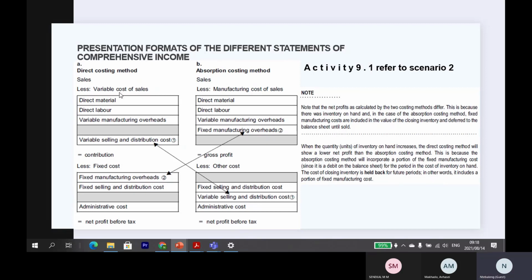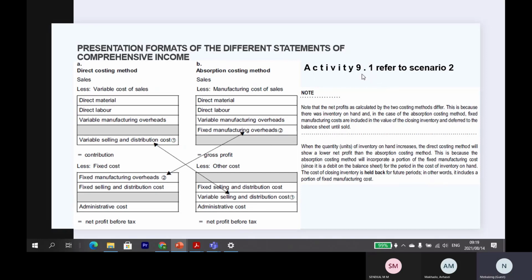Fixed manufacturing overheads under the direct costing method fall as part of fixed cost after your contribution, whereas under absorption, they fall as part of your production cost, your product cost. It's important that you note and be able to articulate what's the difference between the two methods, because I've seen most questions ask you to write that and explain those differences between the two methods.